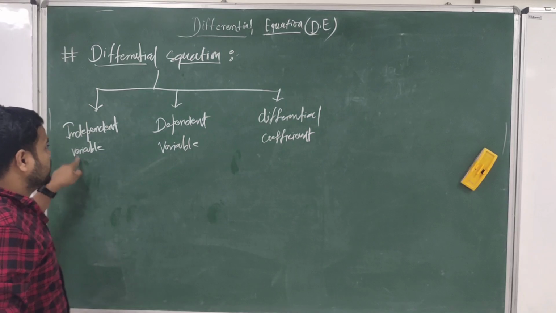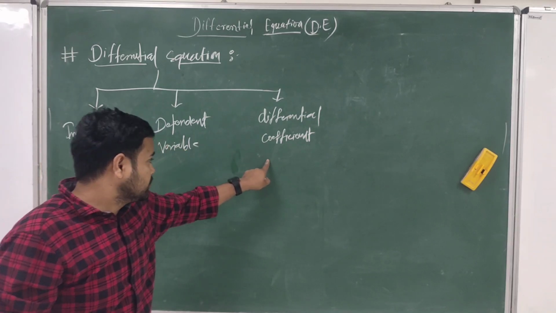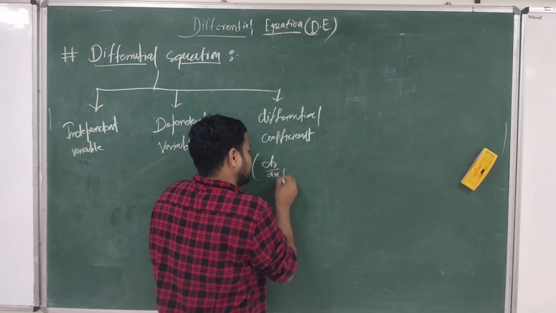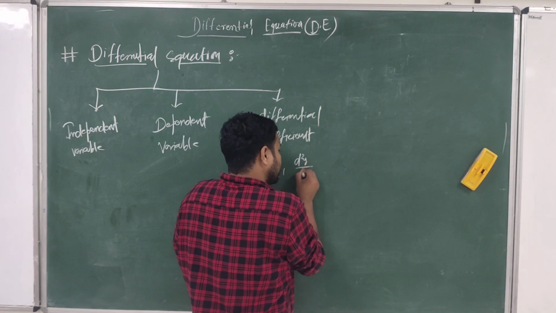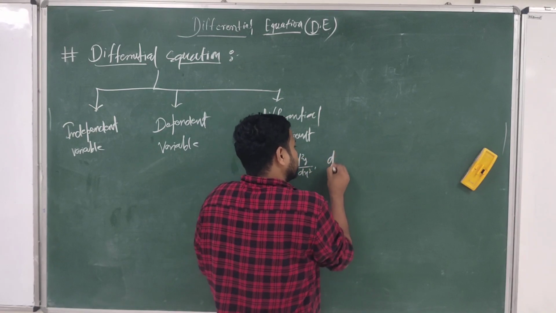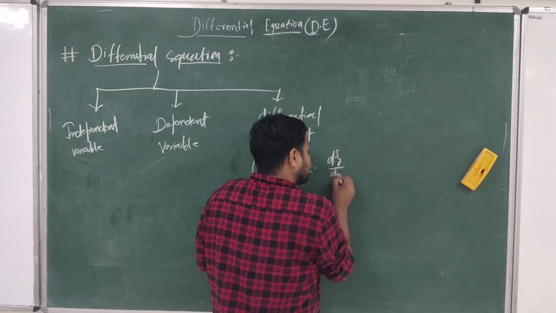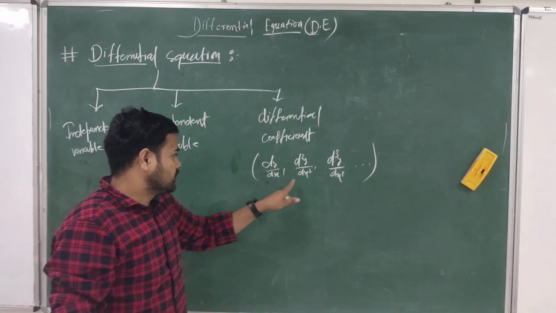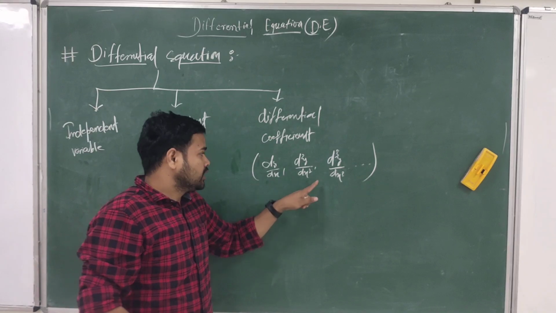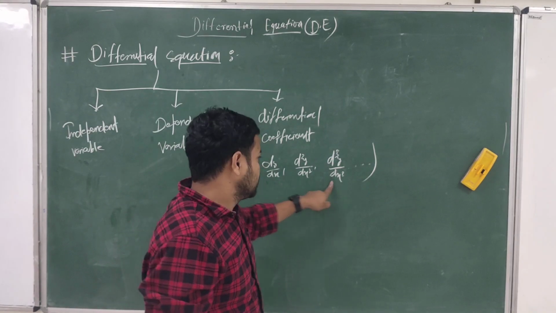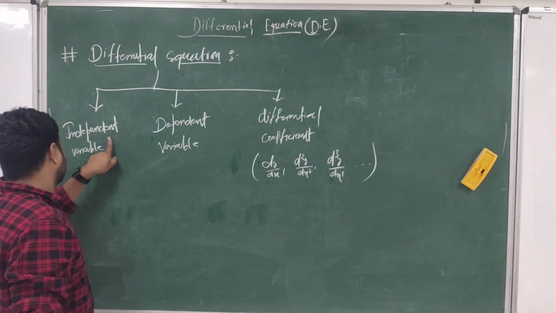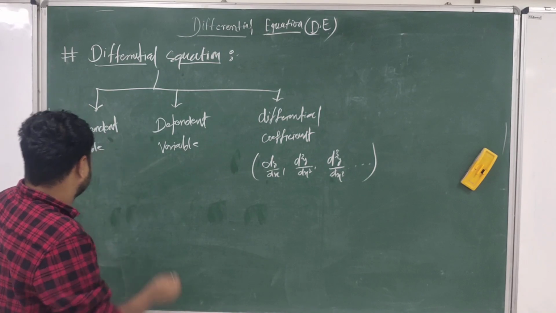Independent variable, dependent variable, and differential coefficient. The differential coefficient is dy upon dx, d2y upon dx2, d3y upon dx3, and so on. This is the differential equation of first order, this is of second order, and this is of third order. Okay, let's learn about the independent variable.